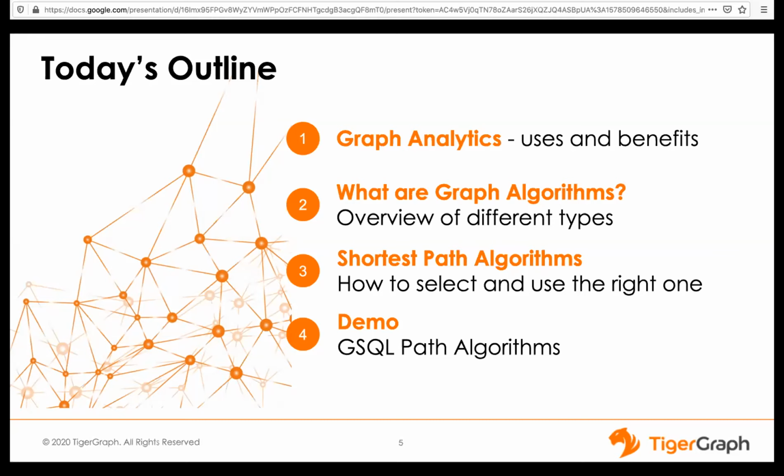But why is that relevant to data analytics and graph analytics in particular? And after giving that general overview, we'll focus on the first area, shortest path algorithms, and then we'll do a demonstration in TigerGraph, in Graph Studio, and using TigerGraph Cloud.